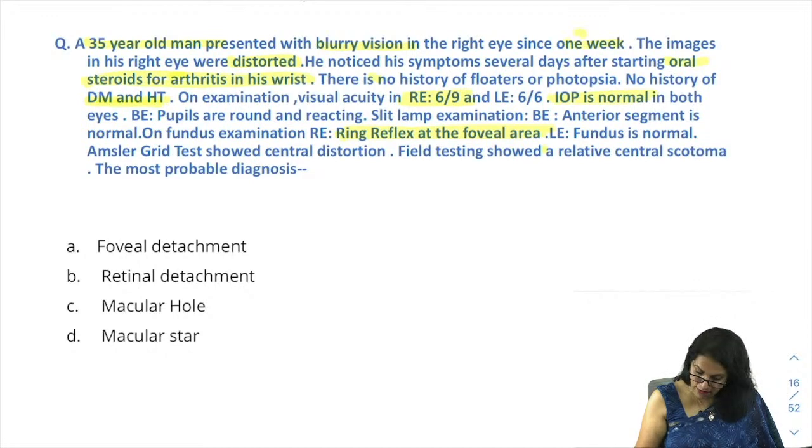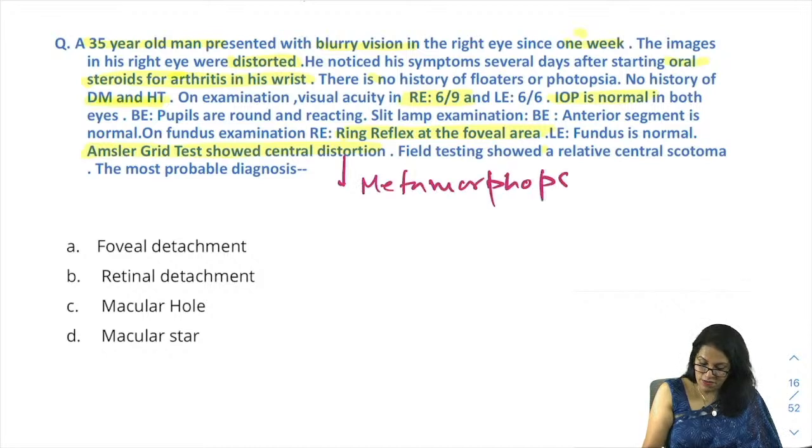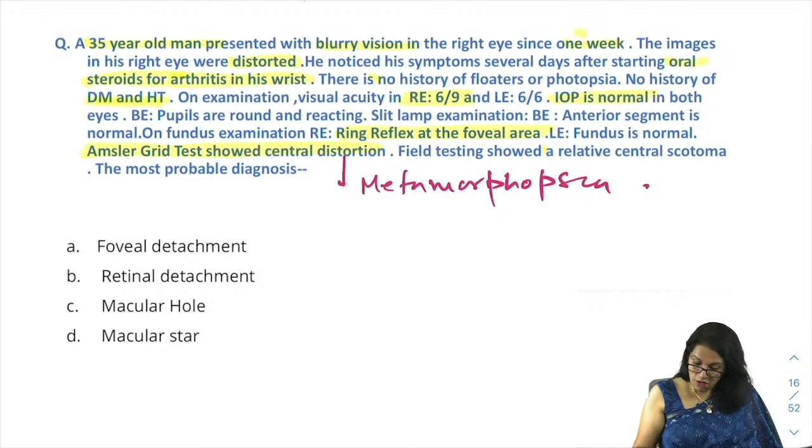Fundus rest, the left eye is normal. See, it is again telling you Amsler grid test shows distortion. So the Amsler grid test is showing you the metamorphopsia that you see on the Amsler grid. You remember this? So, field testing showed a relative central scotoma.